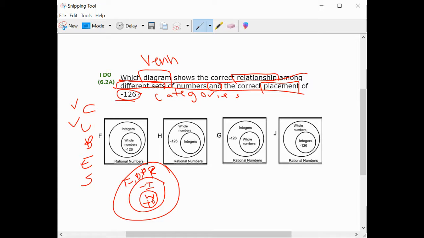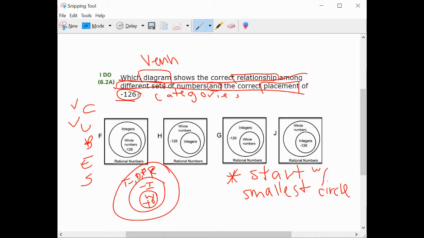We always start from the smallest circle to do this because, hey, if all numbers are rational numbers, then let's just save that circle for last because we know any of the circles inside rational numbers already imply it's in that biggest set. So I'm going to remind myself to start with the smallest circle.